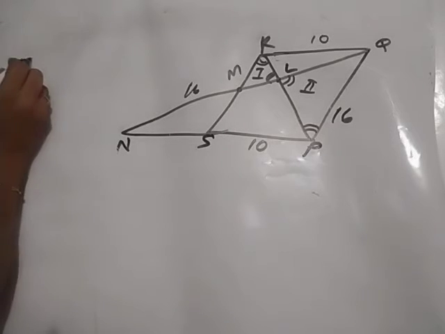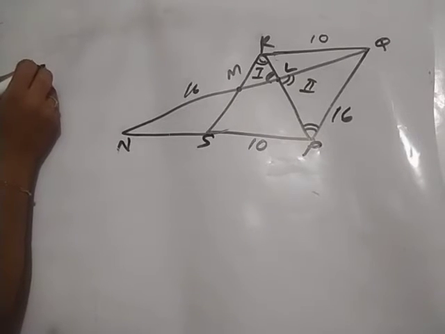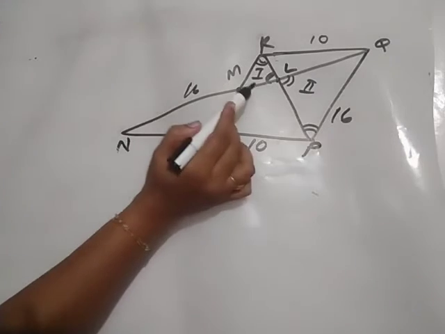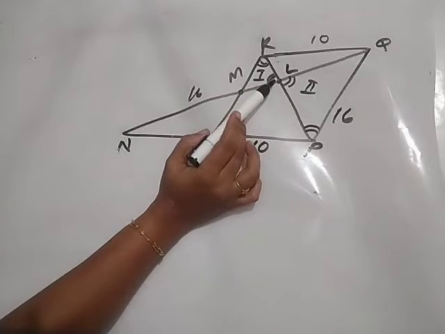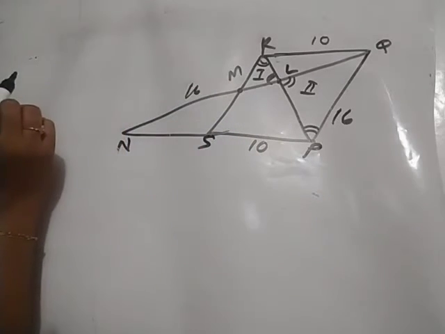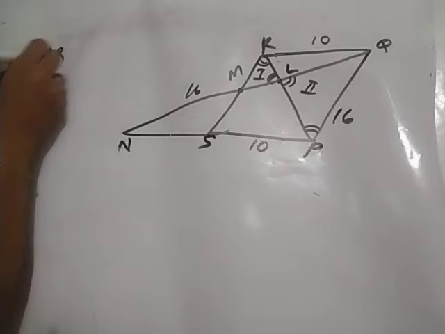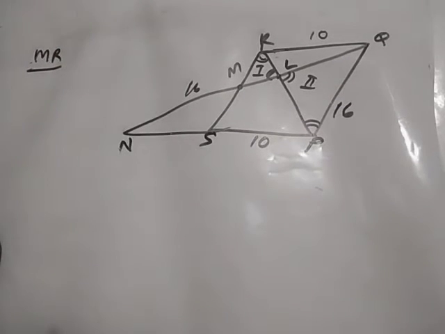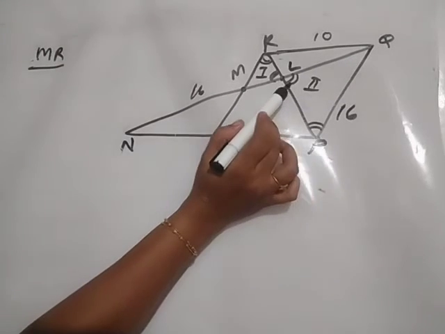When two triangles are similar, corresponding sides are proportional. So we can take the side opposite to this angle L, that is MR, divided by, what is the side opposite to this L?